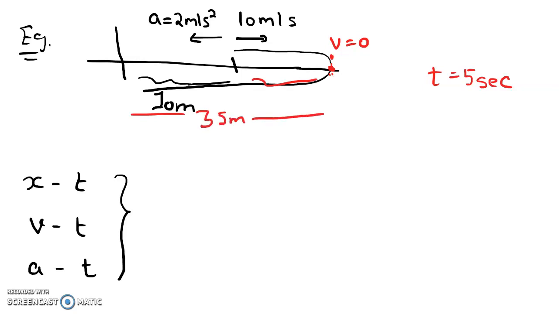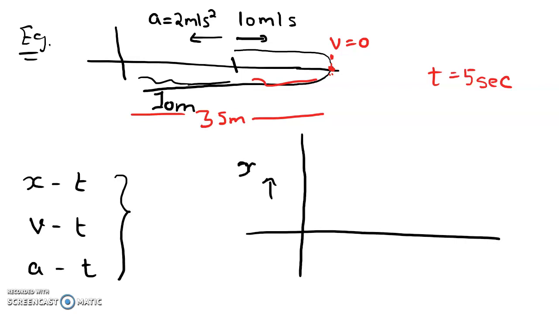So what would be the displacement? Acceleration is constant, and it is negative as well, so displacement versus time would be a parabola, a parabola downwards. So it would be like this, or I had drawn it previously as well.